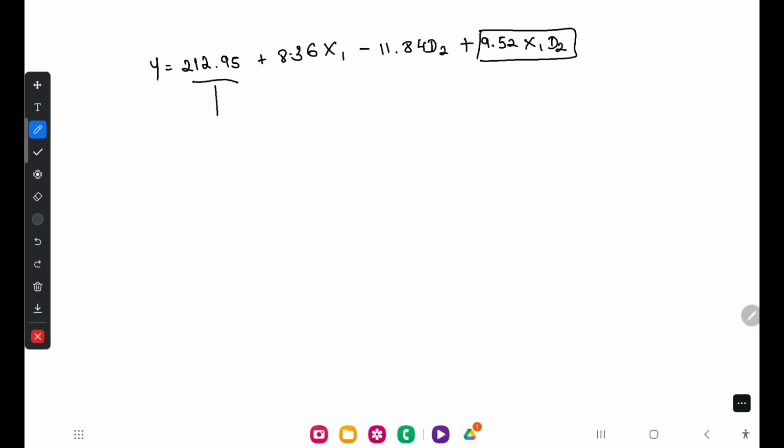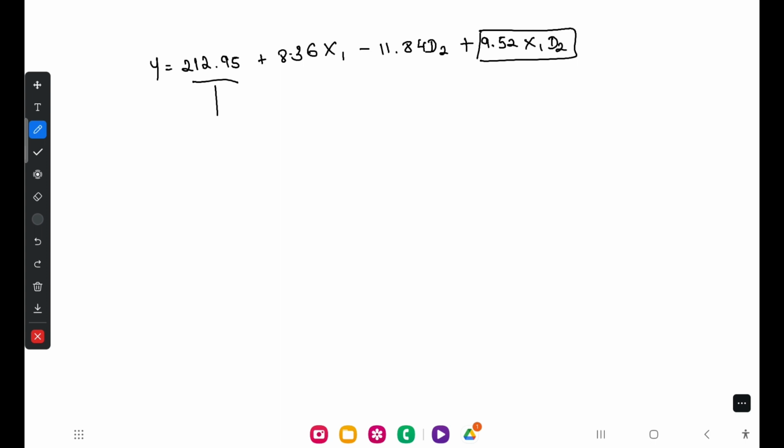Okay, so let's just go through quickly. So 212.95 is our intercept. So what did I say? When it's an intercept, that means all your quantitative variables are equal to 0, and when it's a dummy variable, you are referring to the reference category.